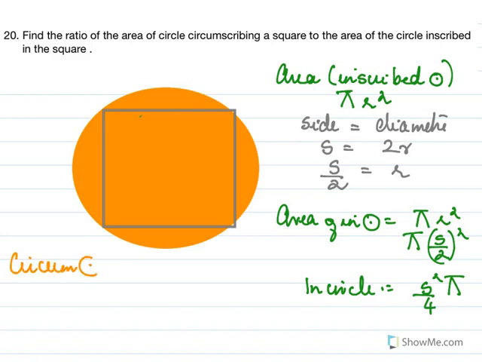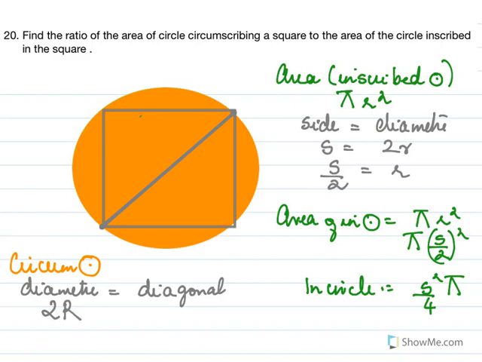The circumcircle is outside the square, and we see that the diameter here is equal to the diagonal. The diameter of the circle is equal to the diagonal of the square. The diameter we know is 2r, and to find the diagonal, we know this is S and S, and say the diameter is x. So we'll have S square plus S square equal to x square.